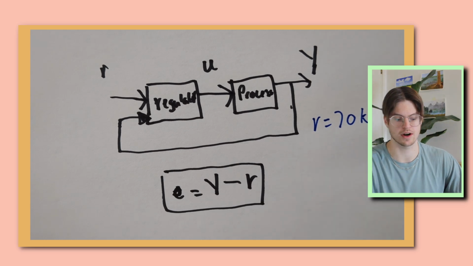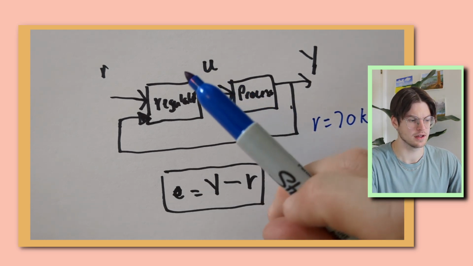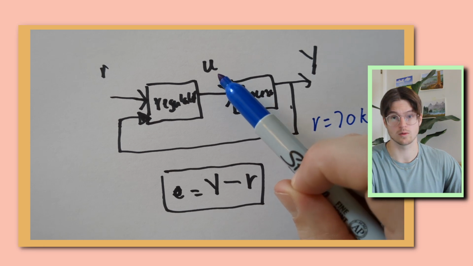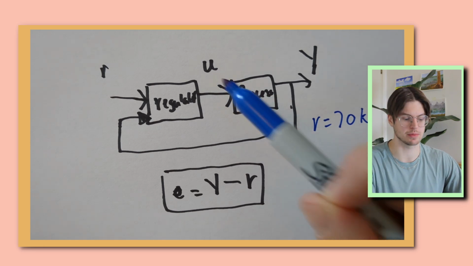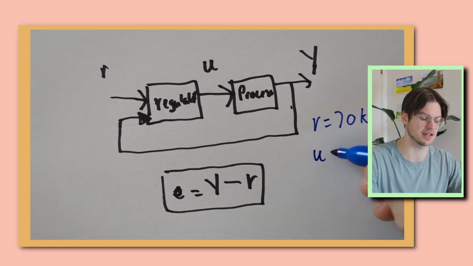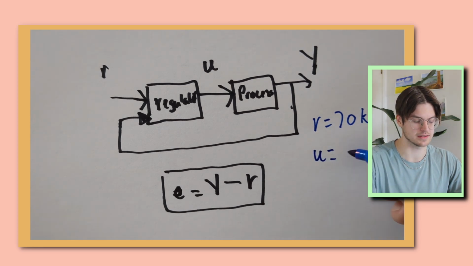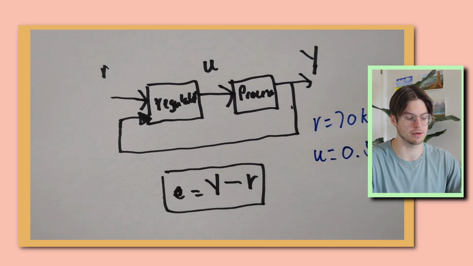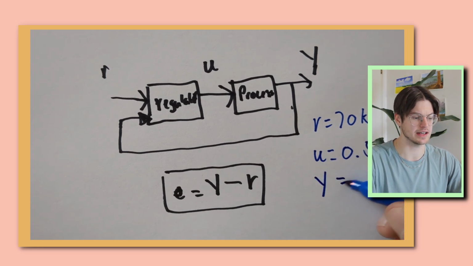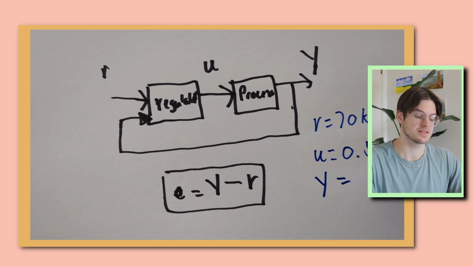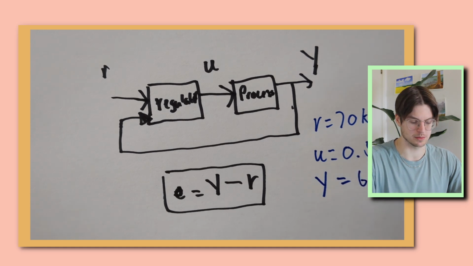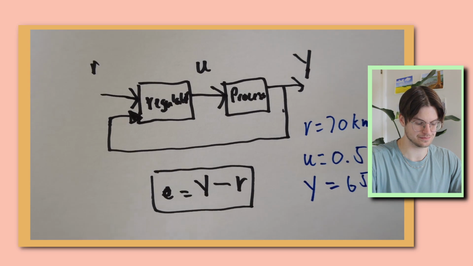That's your reference, that's what you're trying to drive at. The control signal would be how hard am I pushing on the pedal. Let's say you're pushing at 50%, something like that. We say 0.5. And then Y is the actual speed you're driving at, maybe 65 kilometers per hour at this moment.